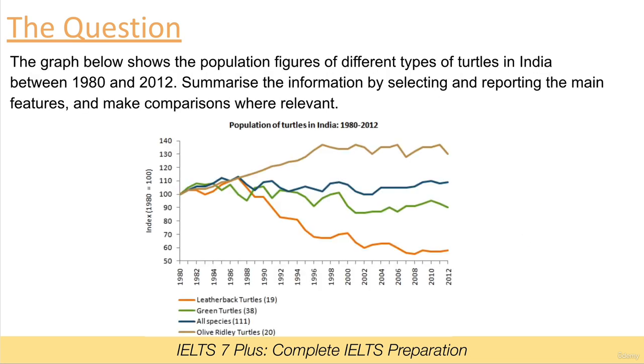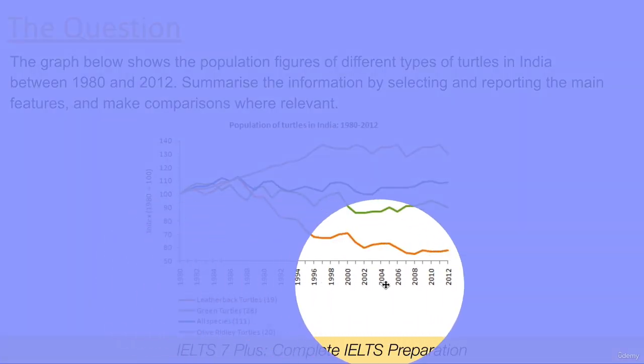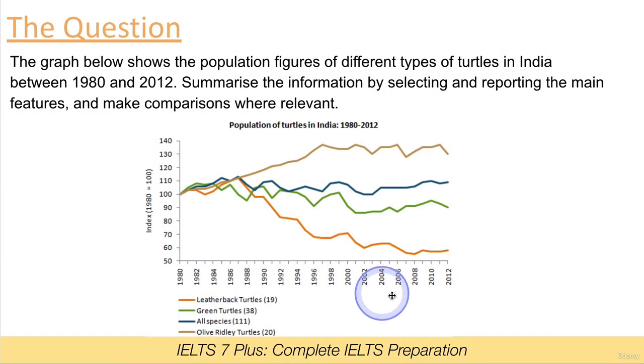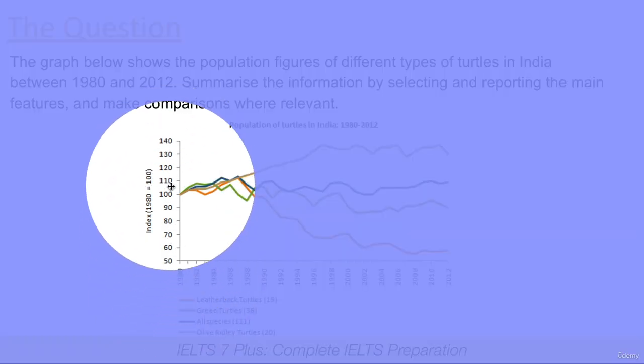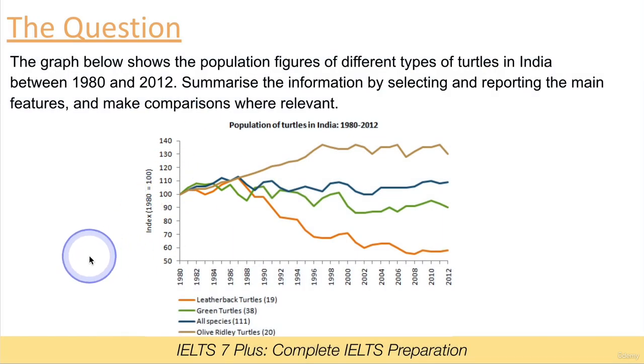Here we go. So on the x-axis, we have the years, 1980 to 2012. On the y-axis here, we have the index. Okay, and they're telling us that 1980 equals 100.